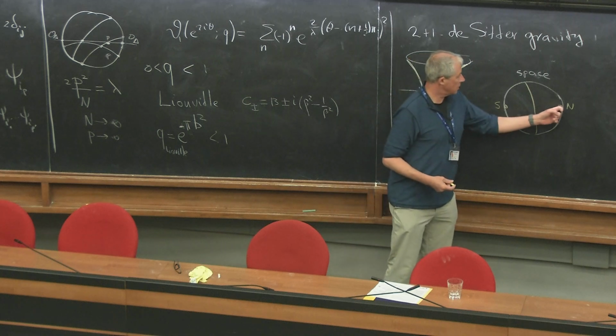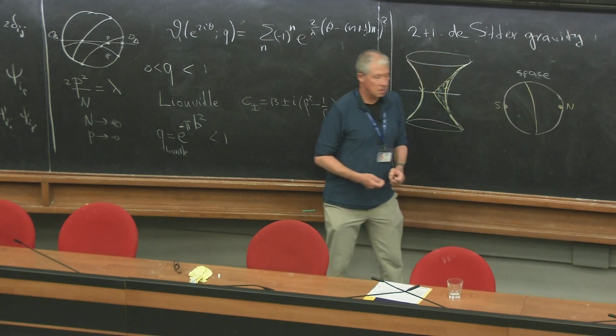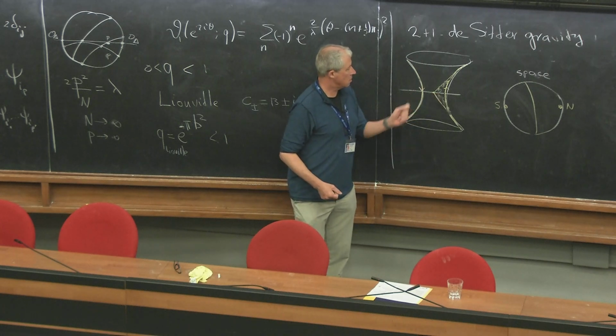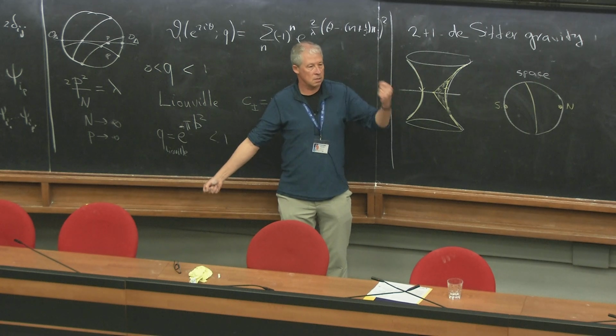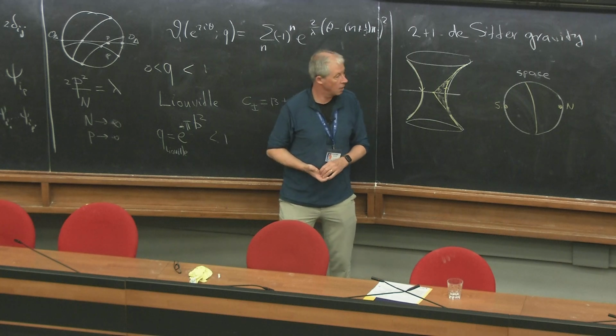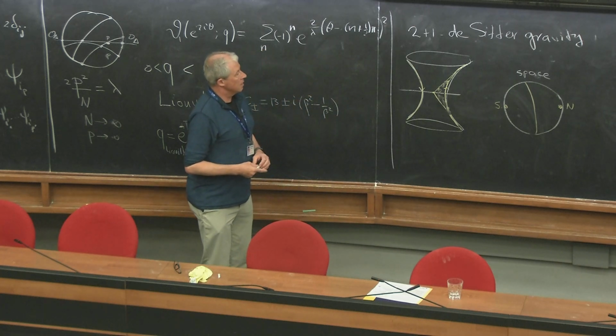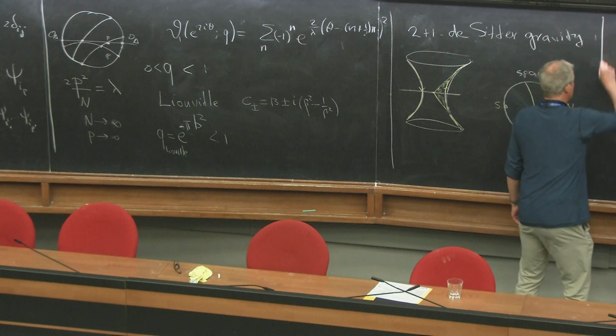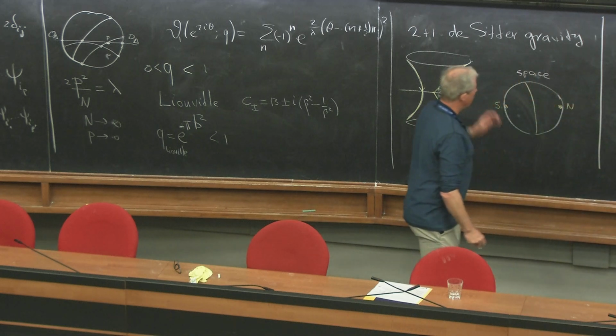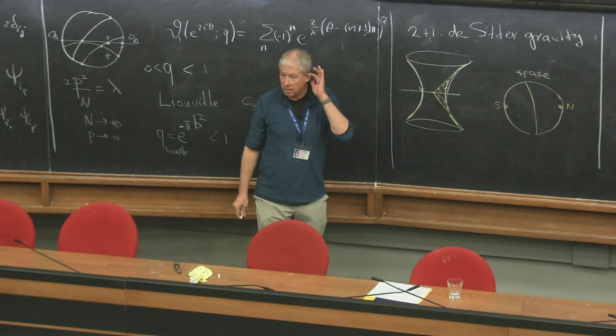But the additional ingredient that I'm going to give myself is to think about an observer that sits at the North Pole and one that sits at the South Pole. And the reason I'm going to do that is because I want to be able to introduce observables.